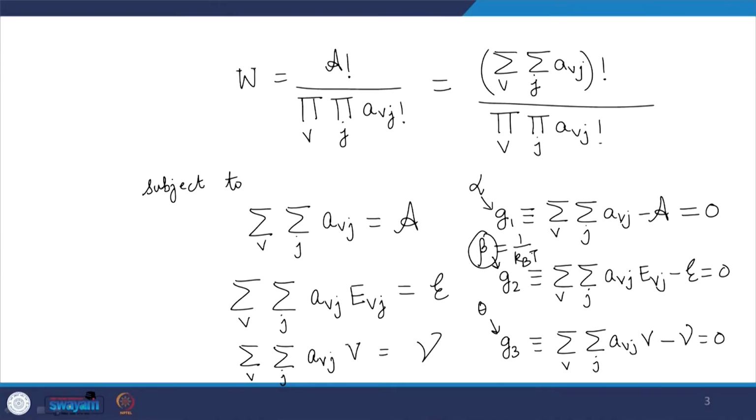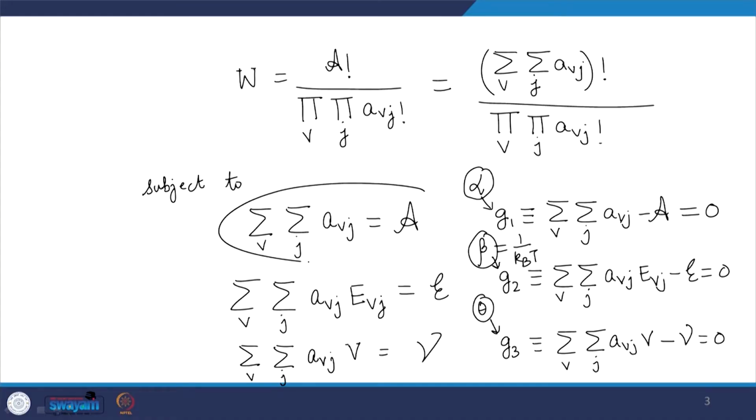So, the beta, the multiplier, is also going to be the same. However, this theta is a new multiplier that comes here. Alpha existed as lambda 1 in the previous problem, but in any case this will come from the first constraint later in the derivation. So, anyway the alpha will not appear in the final formula, but beta and theta will appear.